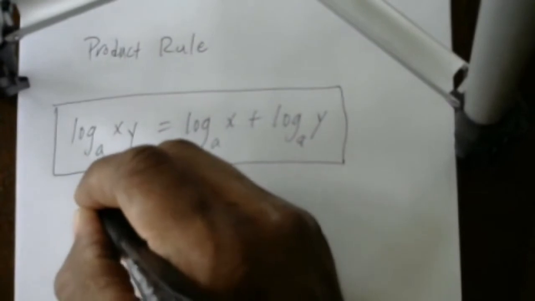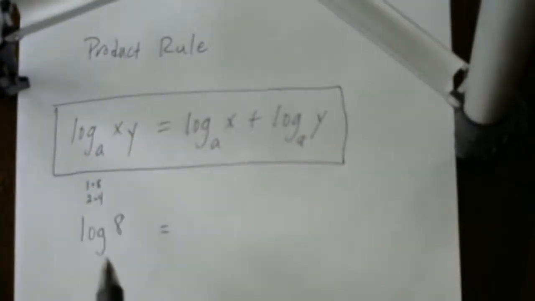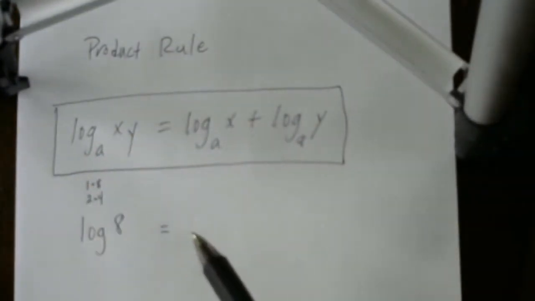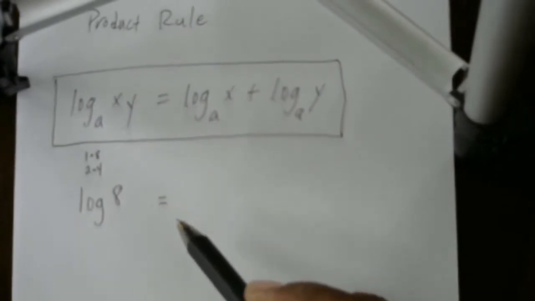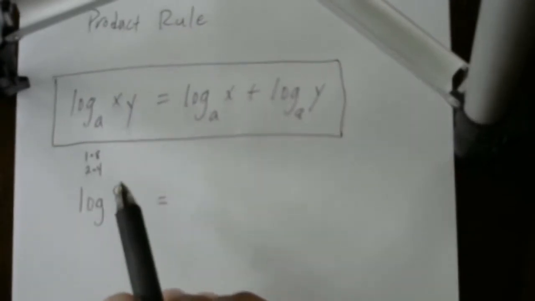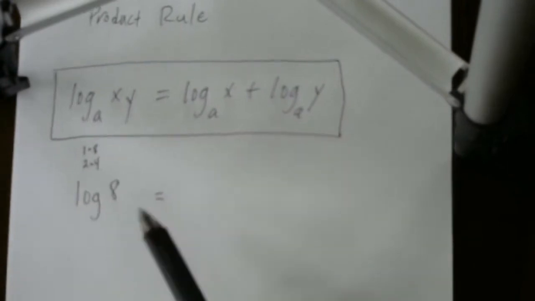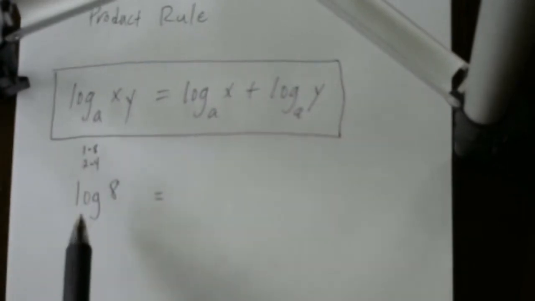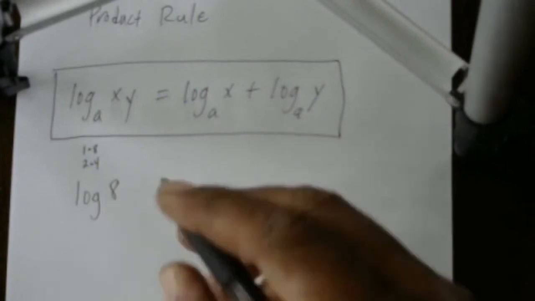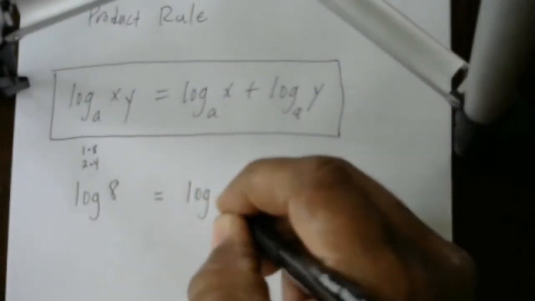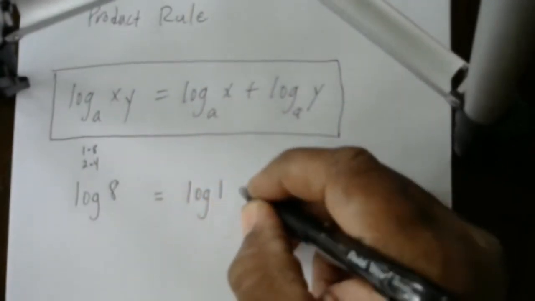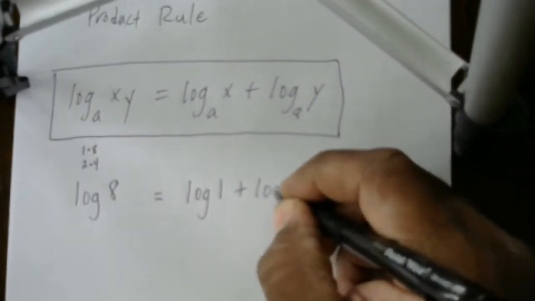Or I can write that as 2 times 4 because 2 times 4 is 8. That's going to allow me, as far as this log is concerned, to rewrite the log of 8. And I'll just take this first example. I can rewrite the log of 8 as the log of 1 plus the log of 8.